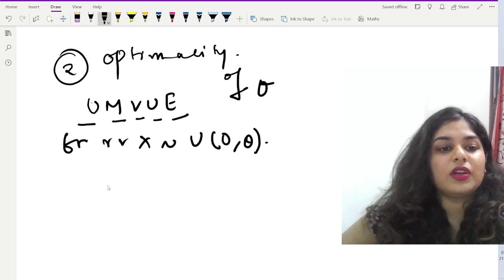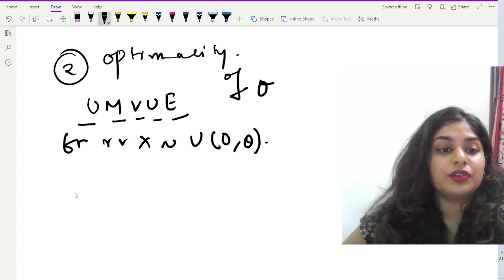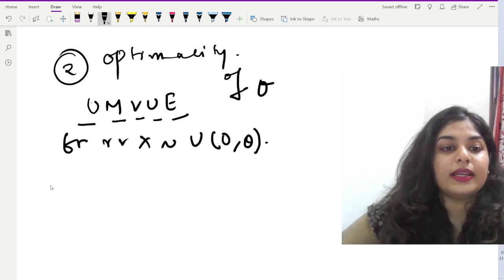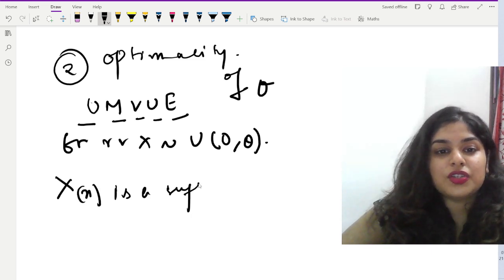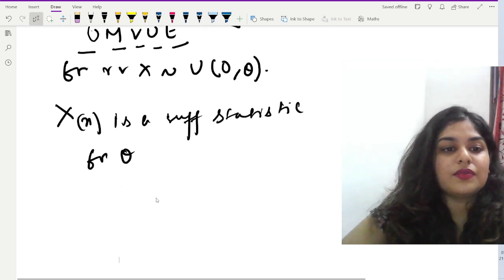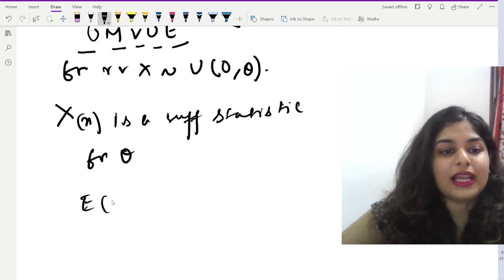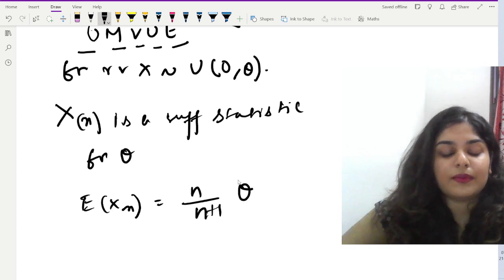Now, first of all, for the uniform distribution U(0, theta), let us take the sample maximum, which is X(n), which is a sufficient statistic for theta. Now, to show this, we have to use the factorization theorem.